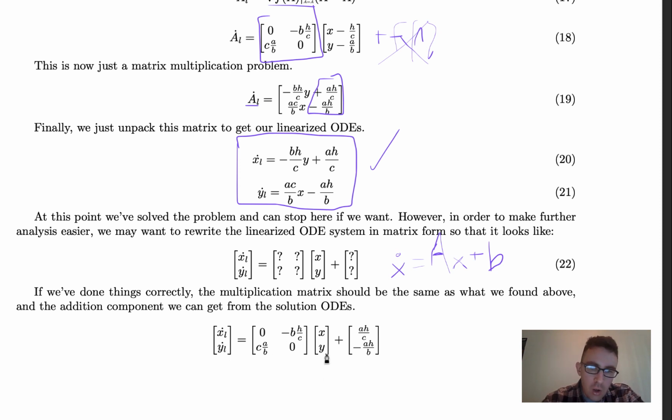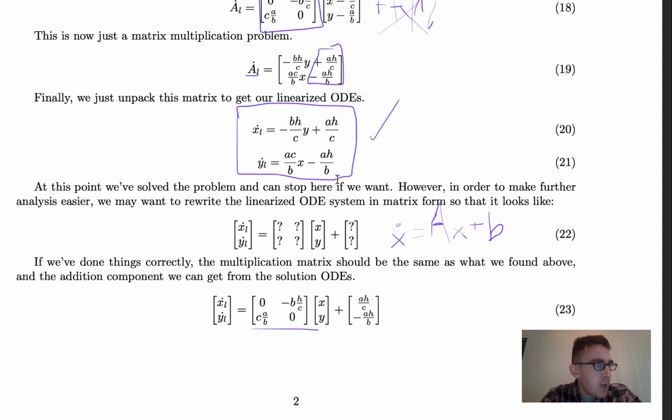If we've done this all correctly, we should be able to do the matrix arithmetic, multiply out these two matrices, then add on this column matrix, and recover the solution in the form that we found here.